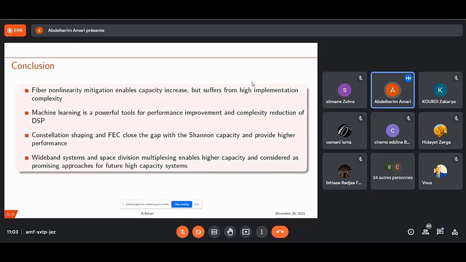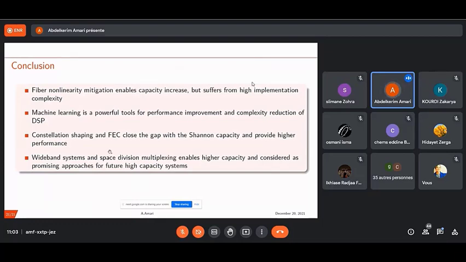And then machine learning can be used in this case to reduce the complexity, but it's a powerful tool and it's not only used for this reason, but can be used for network optimization and other applications.